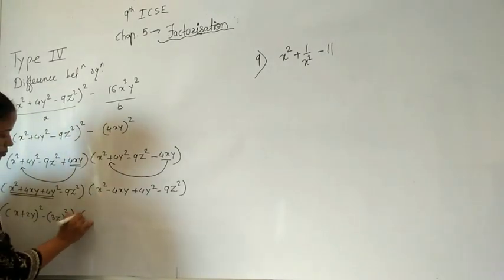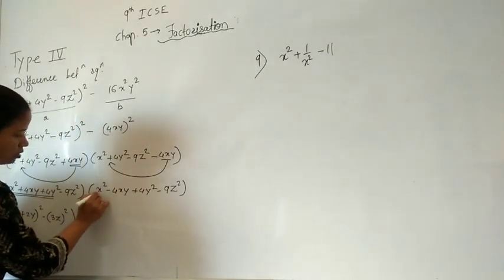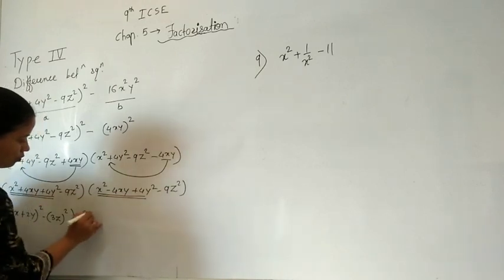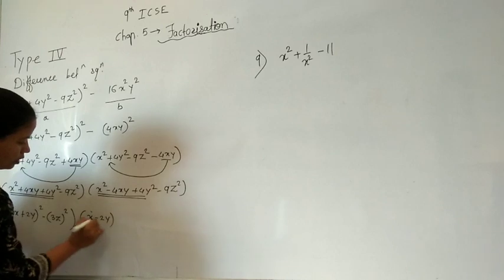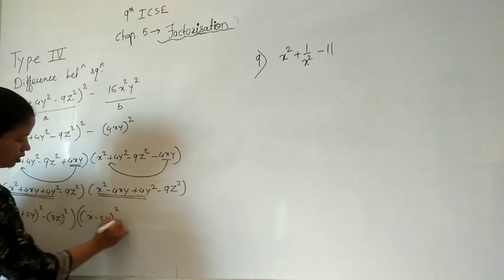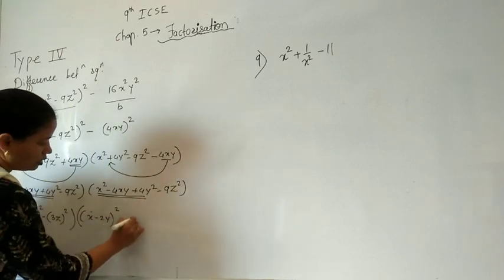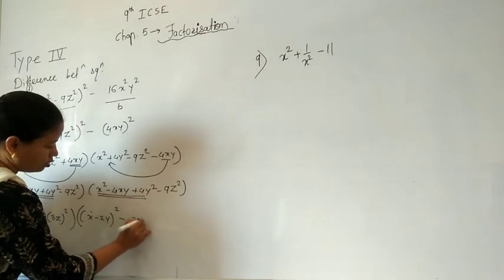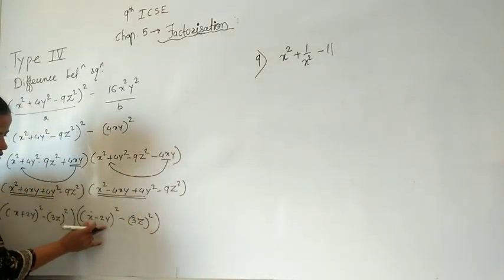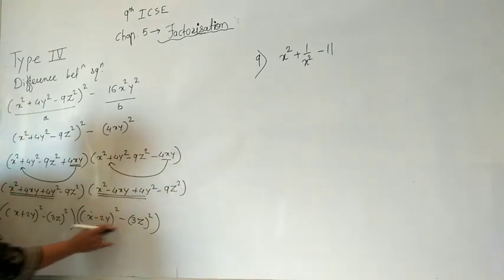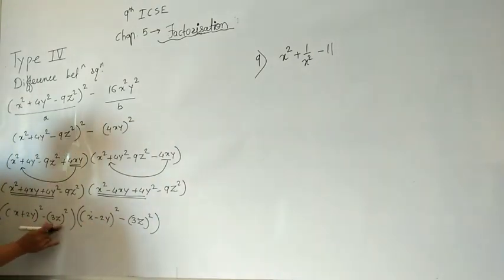Start with this step. This is the square of (x minus 2y) bracket square minus (3z) bracket square. Okay, here also a square minus b square.